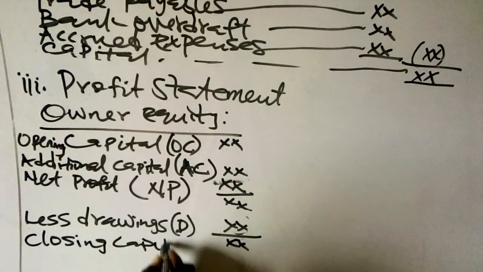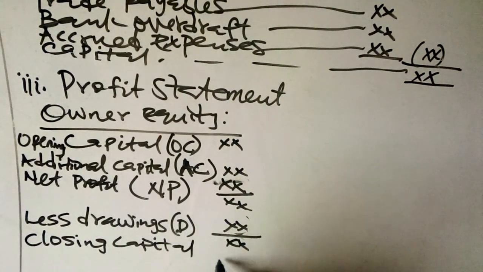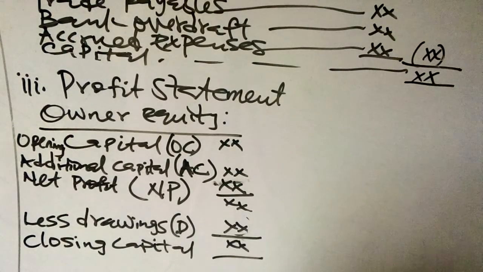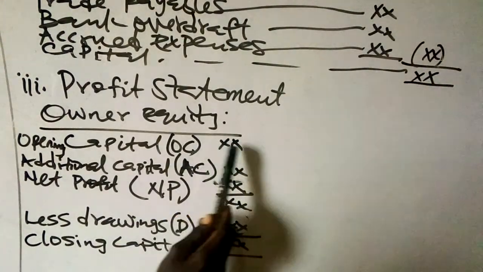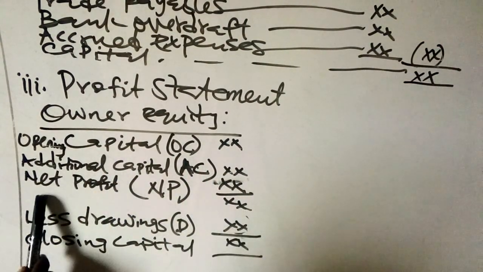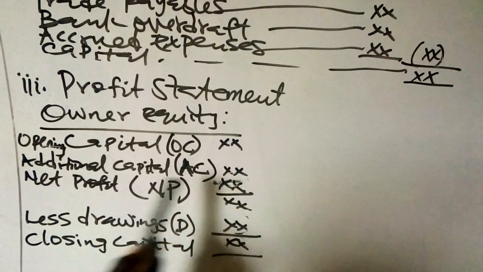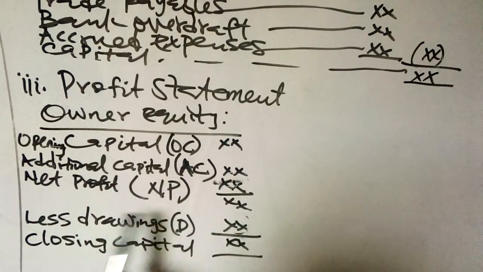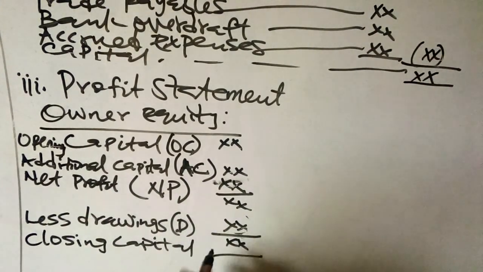That is your balance sheet, the equity section of your balance sheet, that is of your statement of financial position. The first thing is your capital, which is your opening capital. You add additional capital, if any. Now add net profit, and if it is net loss, you less it. You less drawings, you get your closing capital.